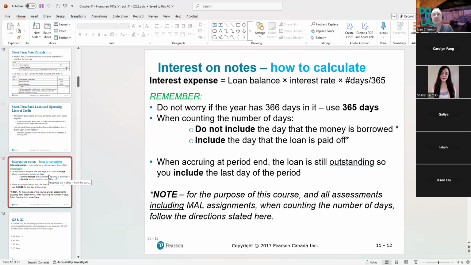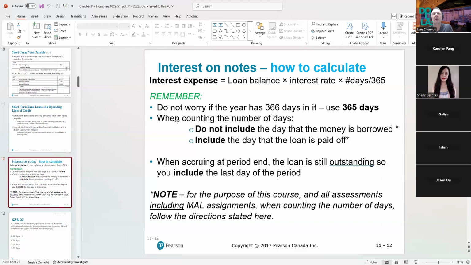If you go with the interest rate per day, then you have to calculate the number of days divided by 365. So the interest rate in this formula will always be the annual rate, and then we have to get how many days out of 365 that interest rate applied to. Don't worry about the leap year. We're always going to use 365.